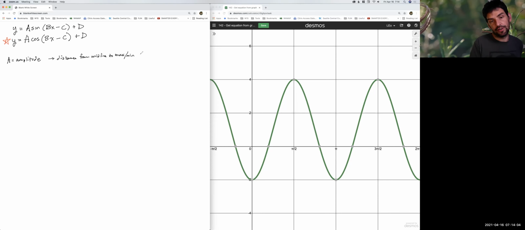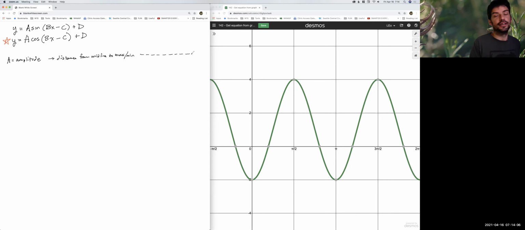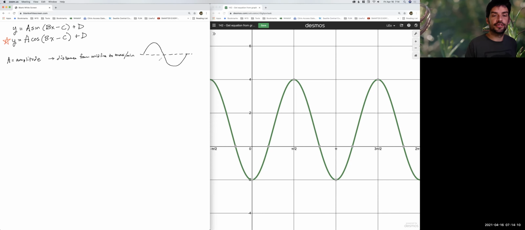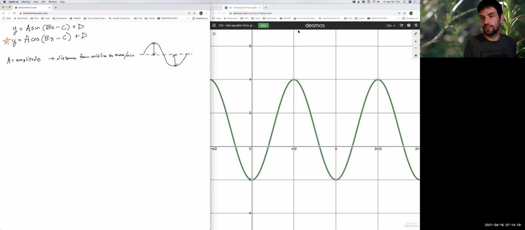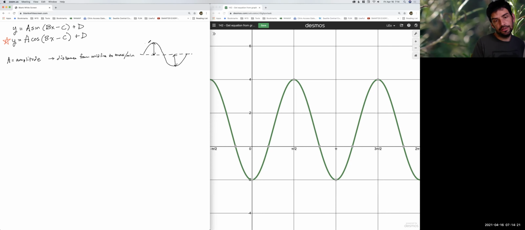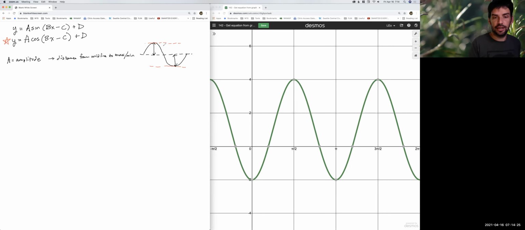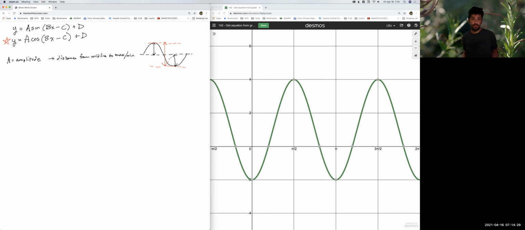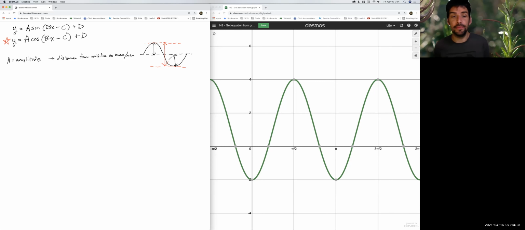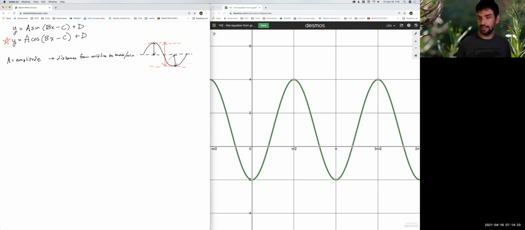Right, so if we have a sinusoidal graph and it's got a midline, we'll have something that looks like this, and the amplitude was this distance here. An alternative way to think about the amplitude, we could look at the total distance between a max and a min and cut it in half, right? And that might be a bit easier in this case.